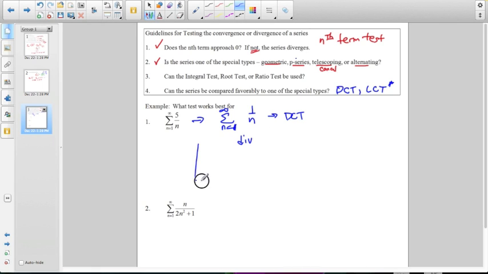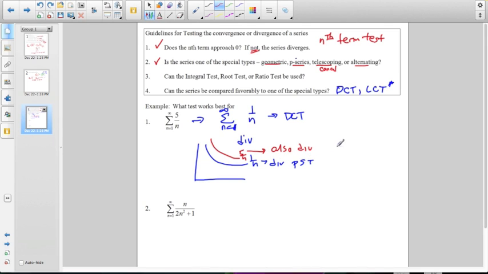And if we look at this, and this is 1 over n, then 5 over n looks like this. So if 1 over n diverges by the p-series test, then 5 over n being bigger will also diverge.